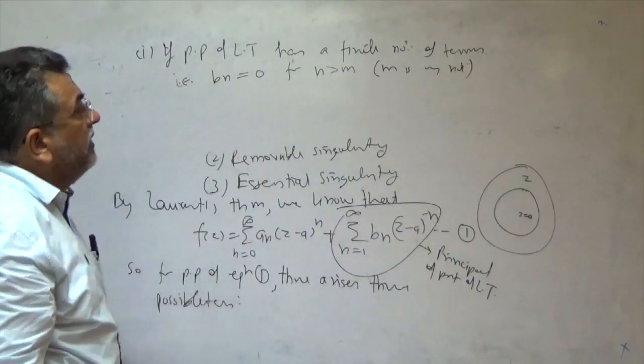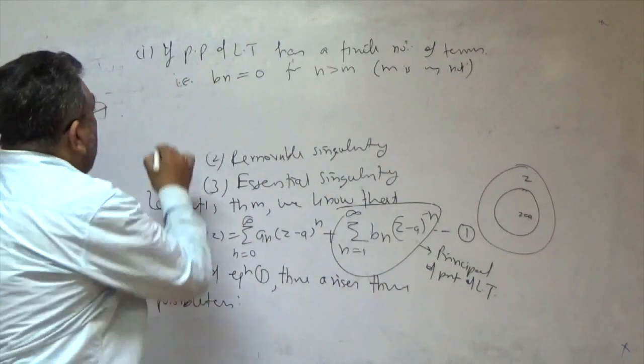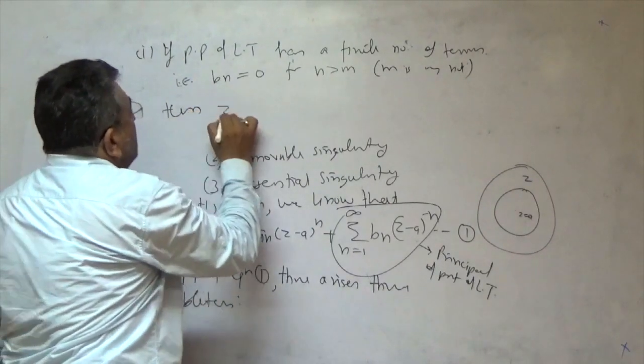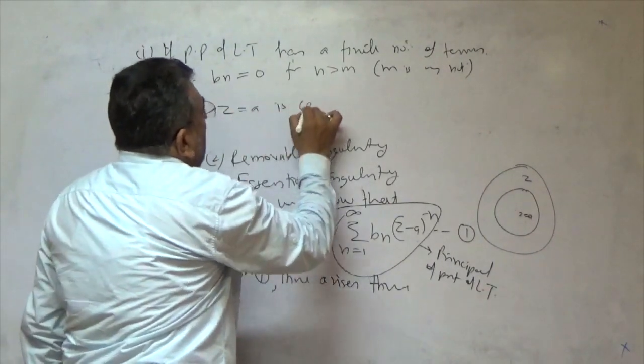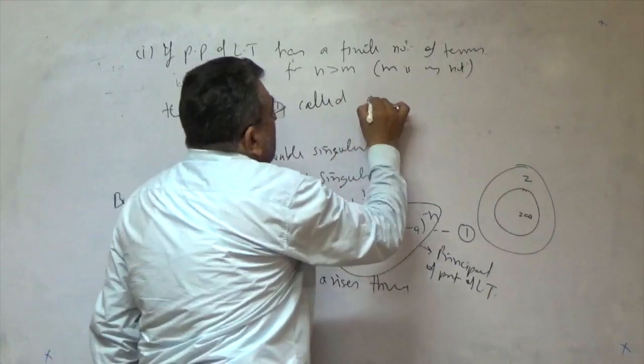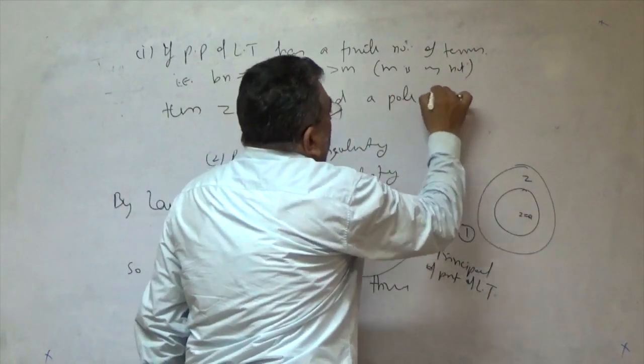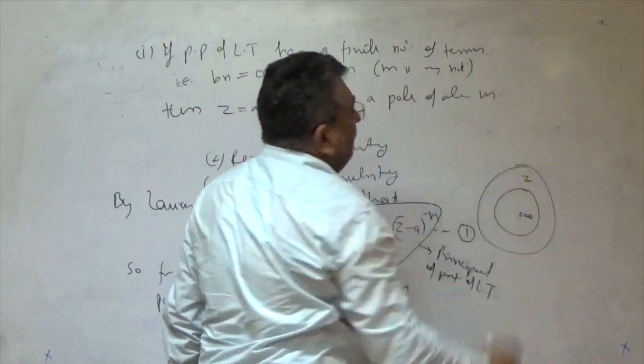Then the principal part has a finite number of terms, and in this case z equal to a is called a pole of order m.